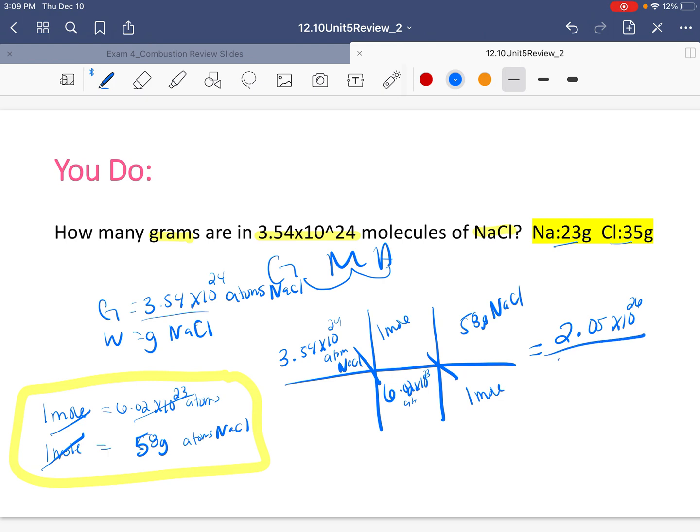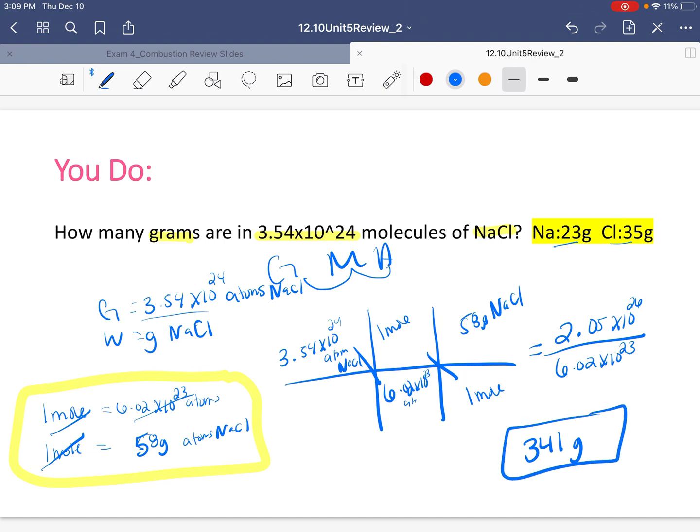And then I'm going to divide that by 6.02 times 10 to the 23. And your final answer should be something around 341 grams.